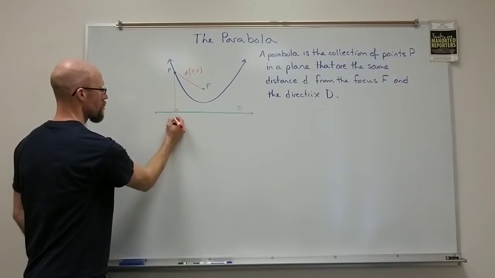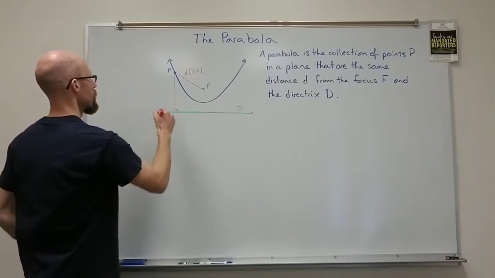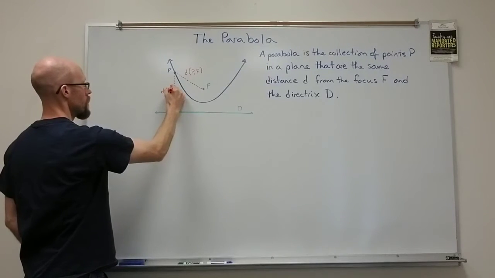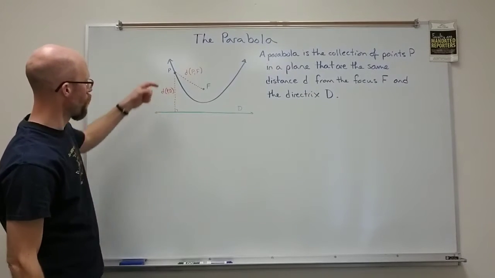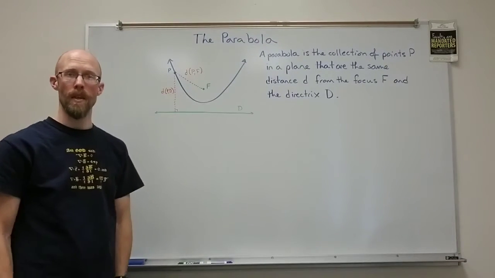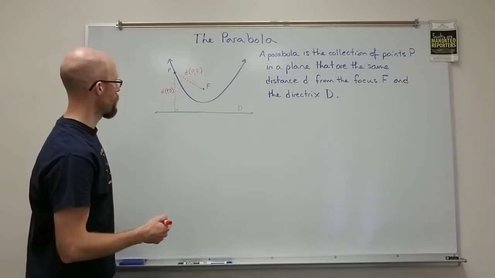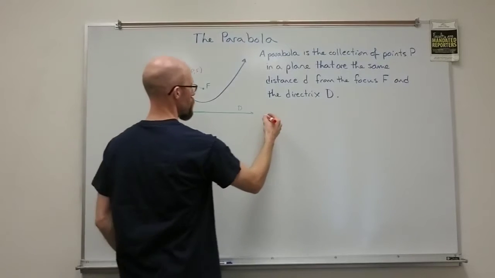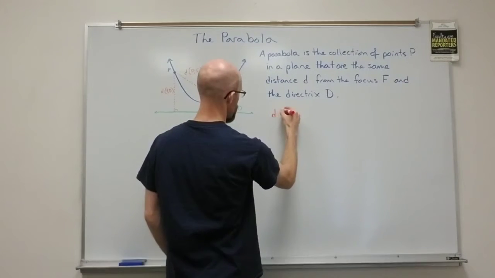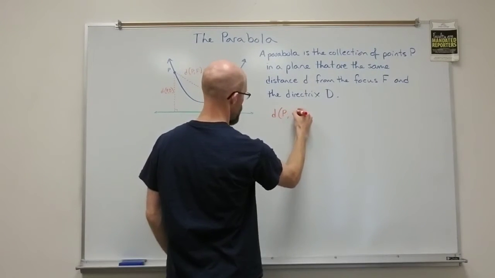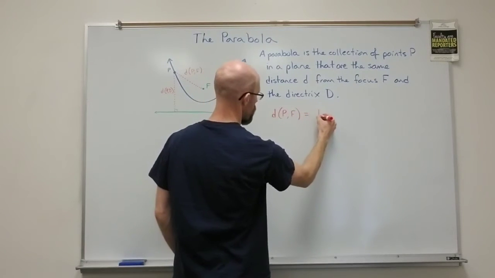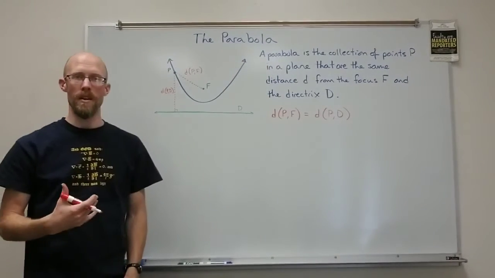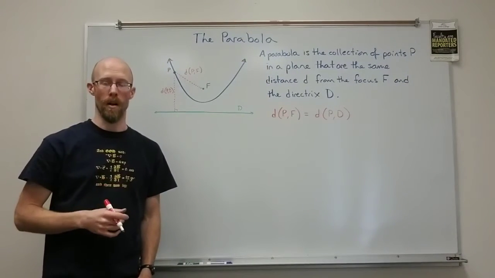So this is a perpendicular segment, and this is d of P comma D, the distance between the point P and the line D. Now these two distances are equal to each other. They're defined that way on a parabola. So the distance between P and F is equal to the distance between P and D. That's the definition of a point on a parabola.